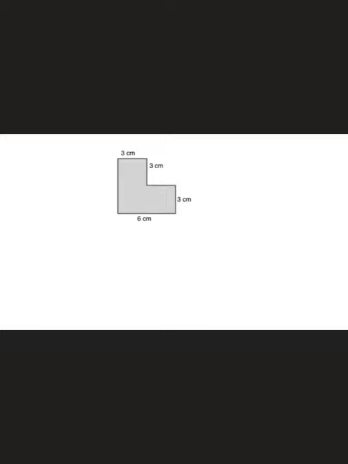Okay, let's take a look at this first shape. So you might notice that it sort of looks like an L, but if we want to, we could cut this shape into 2 different shapes. What 2 shapes should we cut them into? I see a square, and then I also see a rectangle.